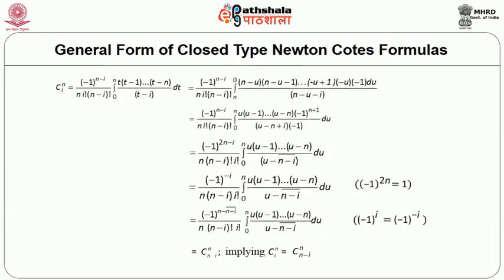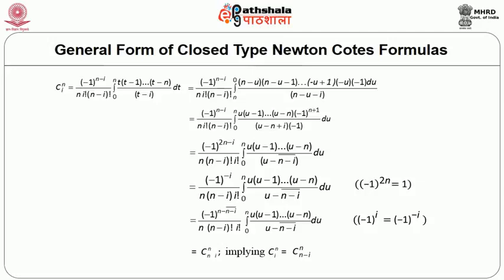Using it, our NCi will come out to be (-1)^(n-i)/(n · i! (n-i)!), constants as they are. The limits of integration become n to 0, and the expressions become n - u, because t is n - u now, then n - u - 1, n - u - 2, and so on up to finally n - u - n, that is -u. dt is -du, and the denominator becomes n - u - i.